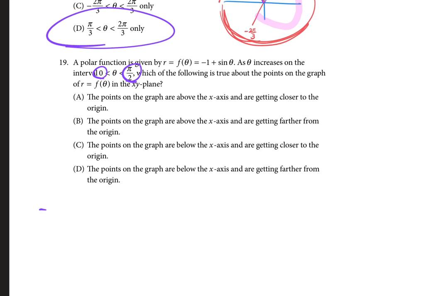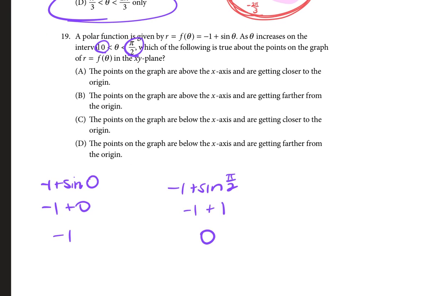So I will find negative 1 plus sine of 0, and I will find negative 1 plus sine of pi over 2. So negative 1 plus what's sine at 0? 0. So this is negative 1. Negative 1 plus what's sine at pi over 2? 1. So this is 0. So what's true about these values as it's going from negative 1 to 0? Are they positive or negative?